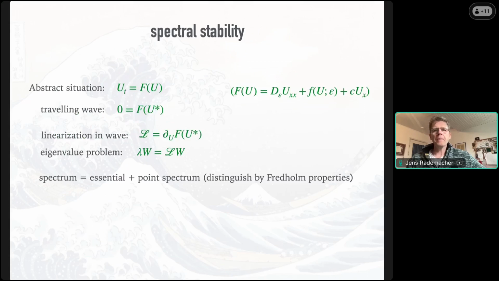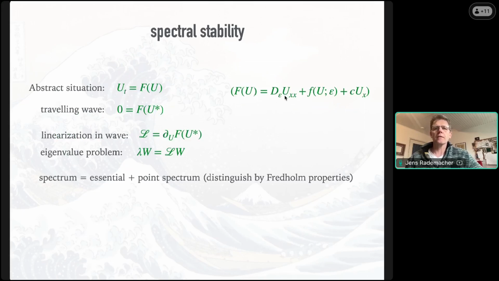Okay, so I'm not sure about the backgrounds here, so let me talk a little bit about spectral stability for fronts or for traveling waves in general. So if we have an evolution equation that we can write formally as an ODE, but this F here can feature differential operators, like in this more abstract form of writing the system that I've just talked about, right?